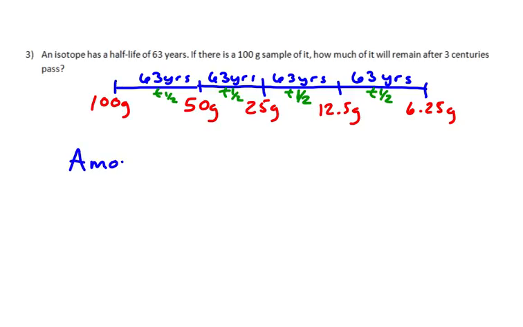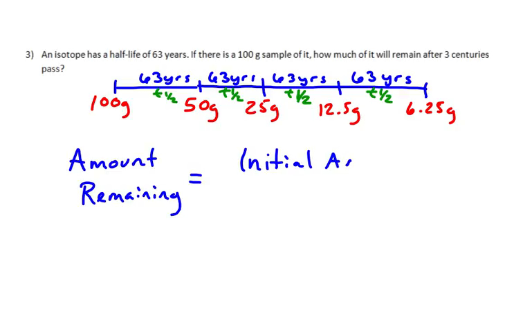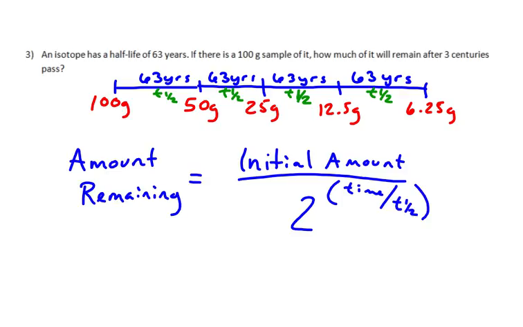Amount. You guys, if you do not have your own graphing calculator, please grab one that's not labeled. So amount remaining, what we do is... so this looks a little cumbersome, but it works really nicely.